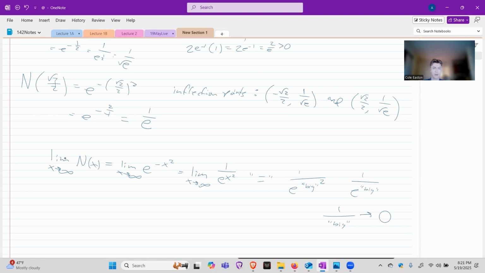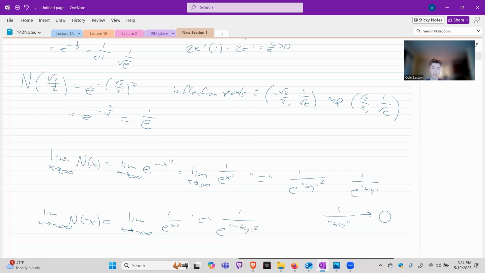And for negative infinity, we have essentially the same thing. So limit as x approaches negative infinity of n of x equals, and I'm just going to skip to that third step there that we have above, which is 1 over e to the x squared. And so that equals 1 over e to the negative big number squared.